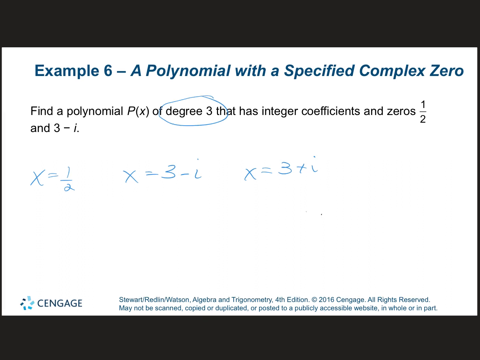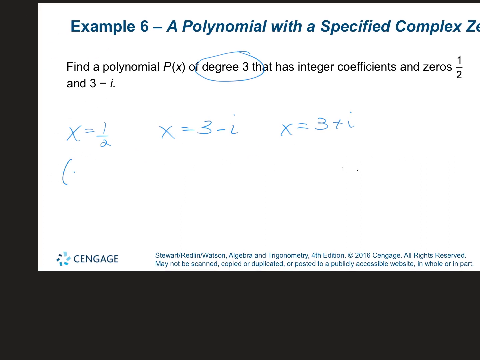So if we're going to set this up to multiply, x minus 1/2. If I move 3 minus i, think about this. I'm moving it over here, right? So it's going to be minus, and then I have 3 minus i. And then when I move this over, it's minus 3 plus i.